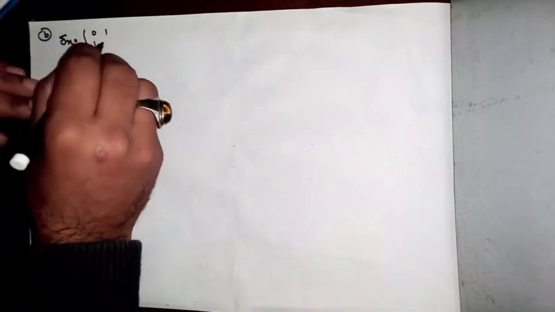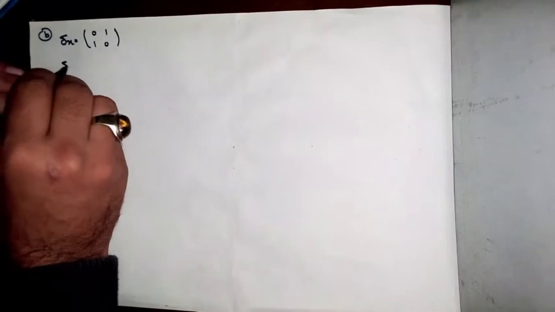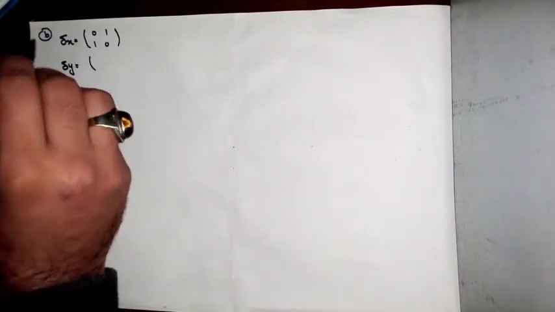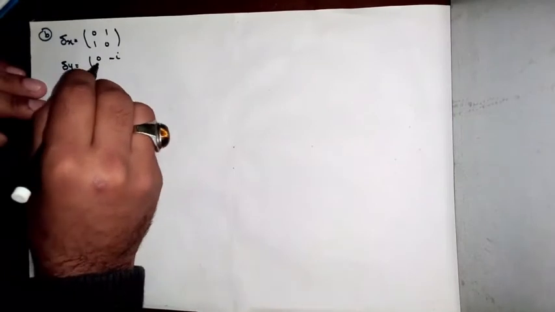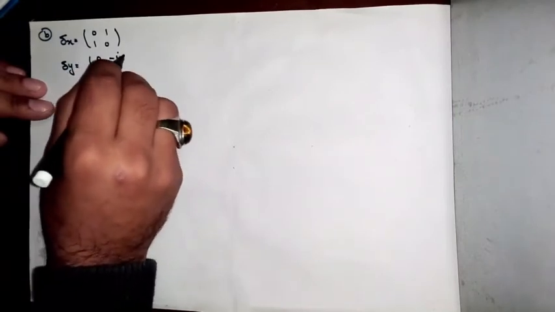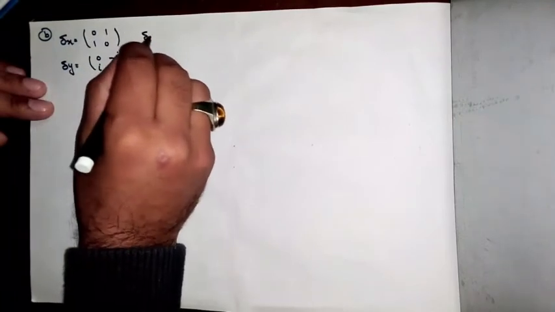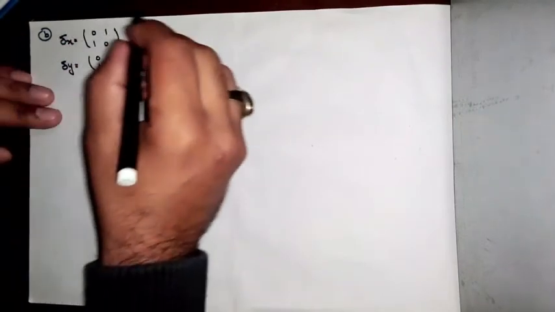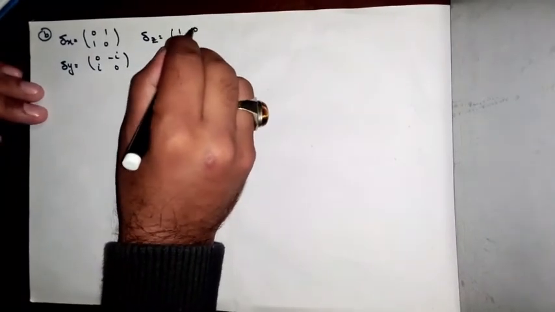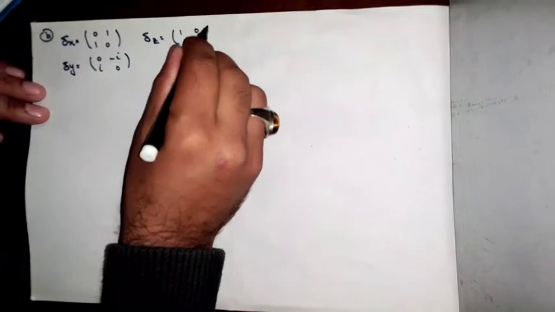Okay, so I have to write the Pauli spin matrices, that are sigma x. This is not S, instead of S, now we can write sigma x is equal to 0 1, 1 0, and similarly sigma y is equal to 0 minus i, i 0, and sigma z is equal to 1 0, 0 minus 1.